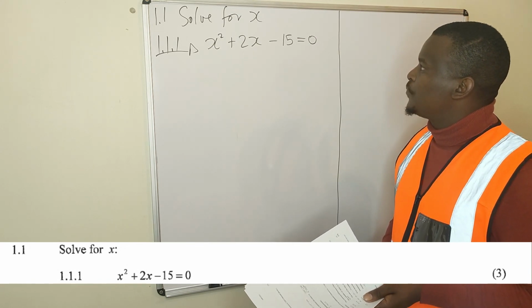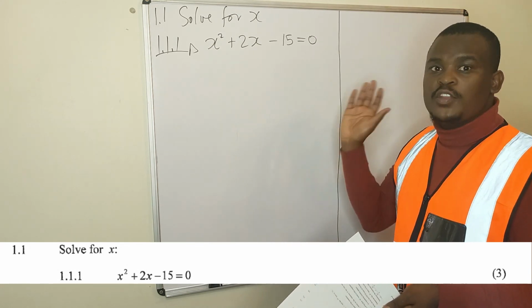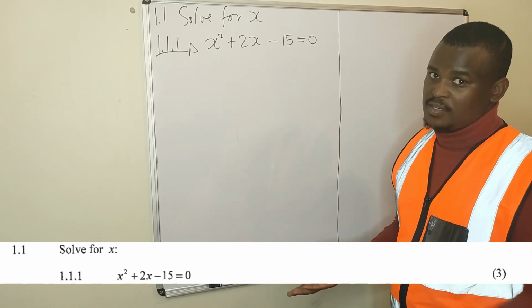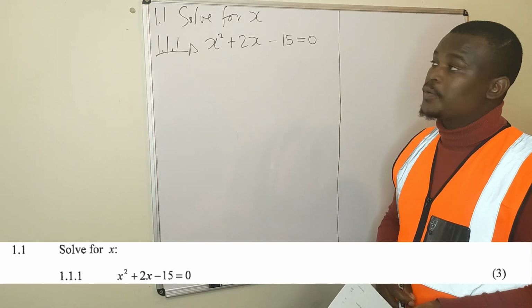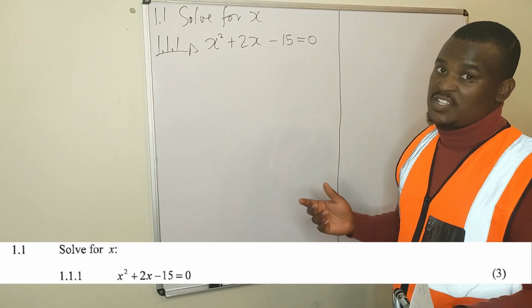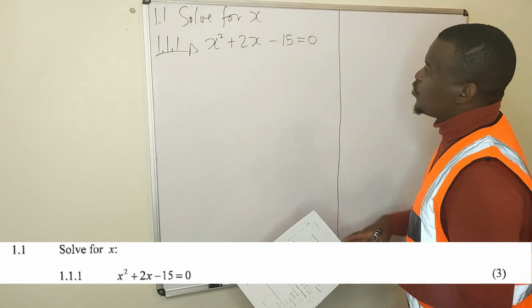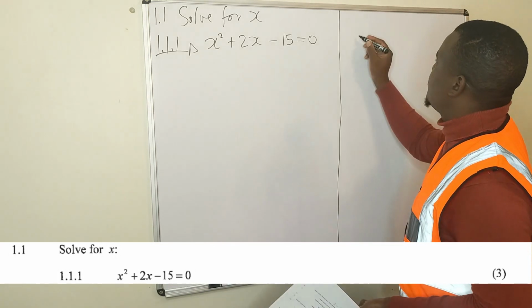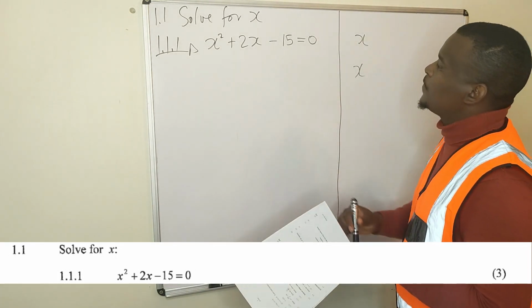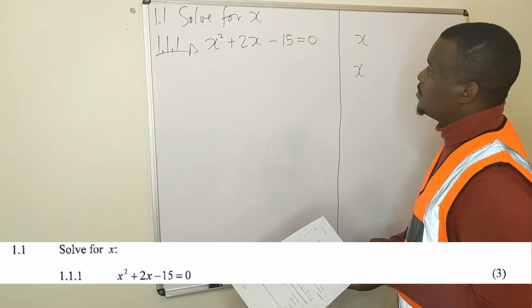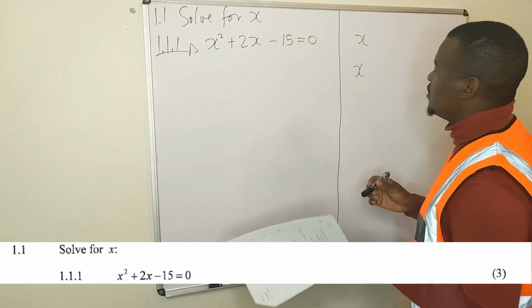You can use the quadratic formula to solve this, or you can factorize it as we would do. What are the factors of x squared? It's x and x. What are the factors of 15? It's 1, 3, 5, and 15.